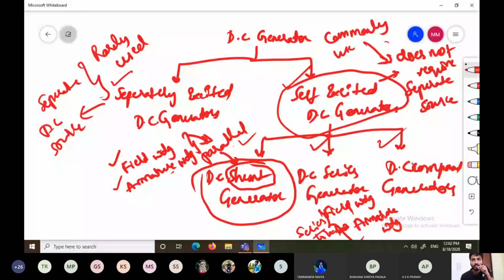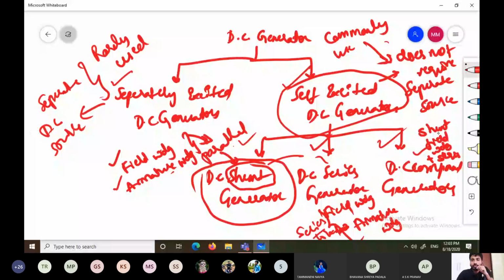In case of a compound generator, it is a combination of shunt field winding and series field winding, and armature winding is also present.